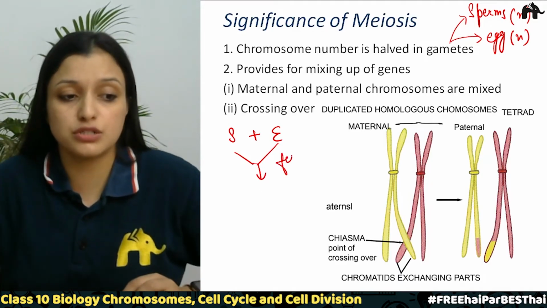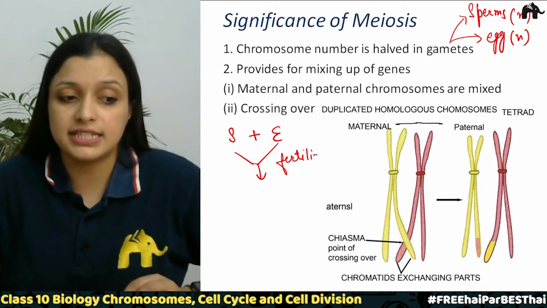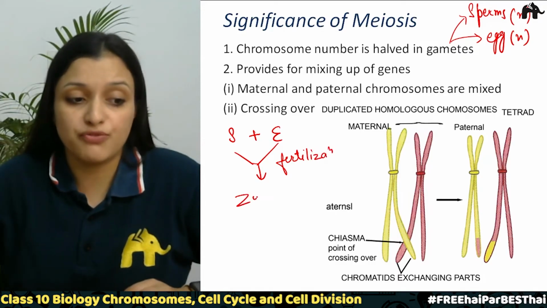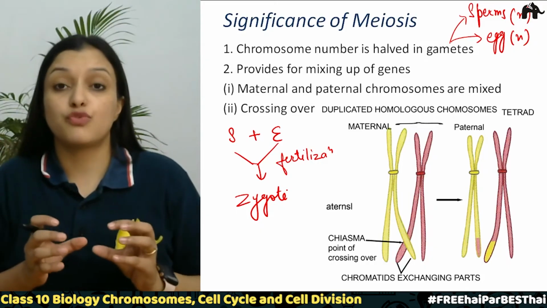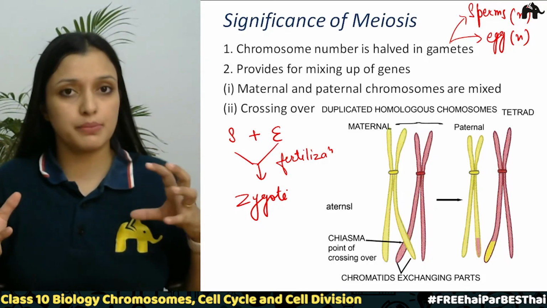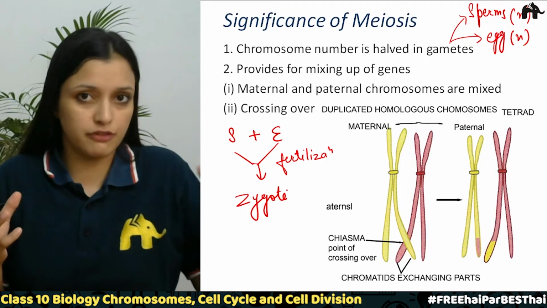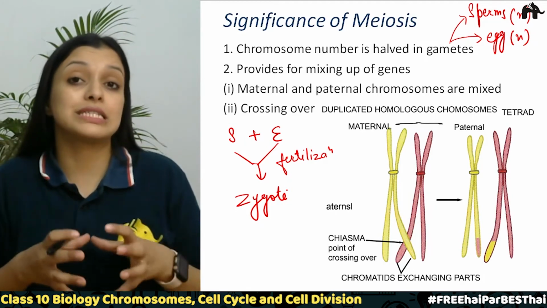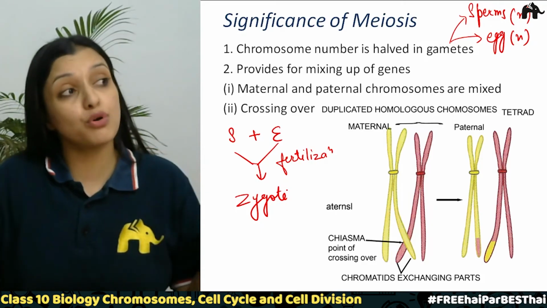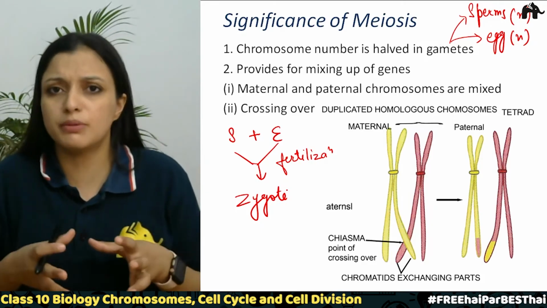This process is called fertilization, and what will be formed? Zygote will be formed, right? So now see, half the chromosomes are received from the father, half from the mother, and now the zygote has the chromosomes of both the parents, that means the genes of both the parents, right?